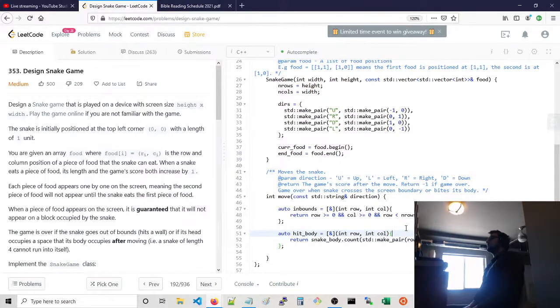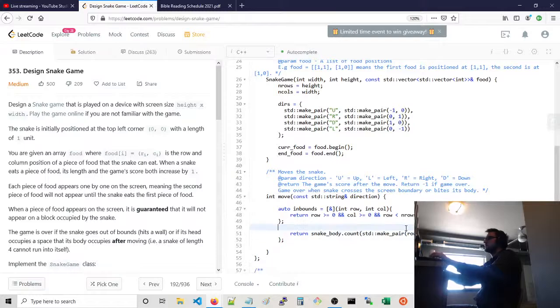That's if we hit the body, right? But it's after we move though, right? That's what we want. So we don't need to, we can just comment that out basically. Yeah, we can leave that.